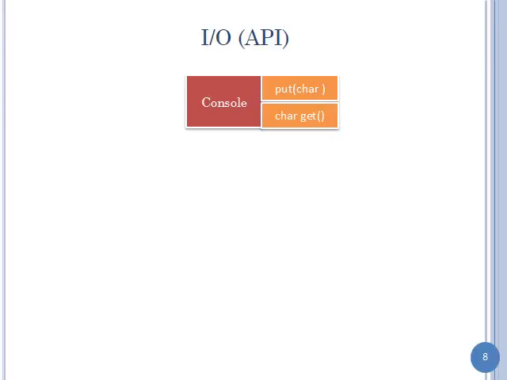Like whichever thread is managing input. So maybe there's a dedicated thread in the kernel that manages input, or maybe whichever user thread is executing at that time. Okay? Both approaches are taken. So there's some blocking in get, potential blocking. That's the key here. We talked about this last time a little bit.